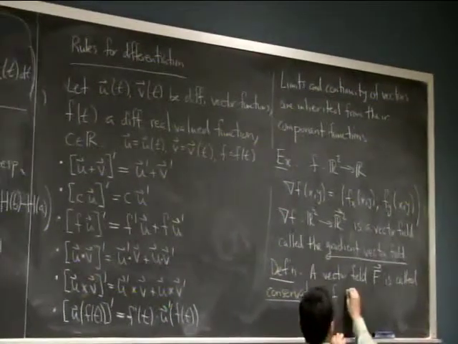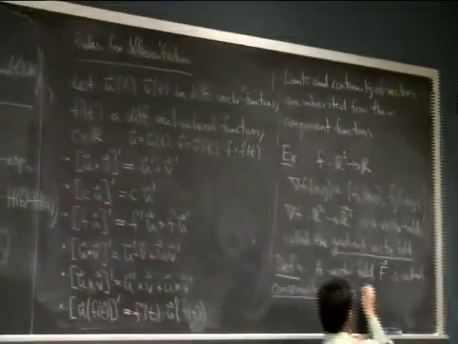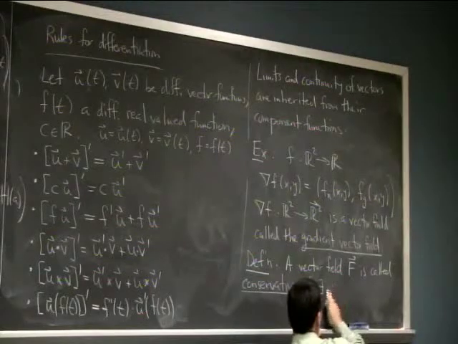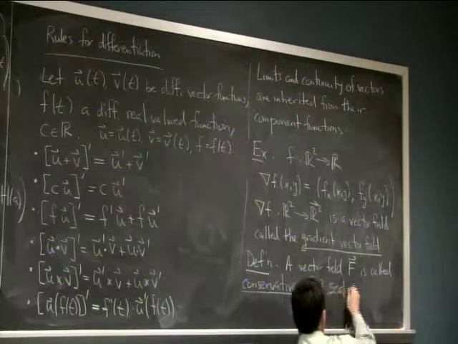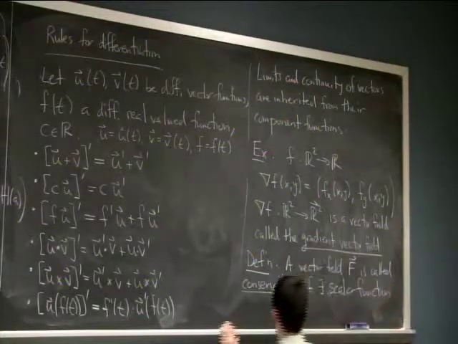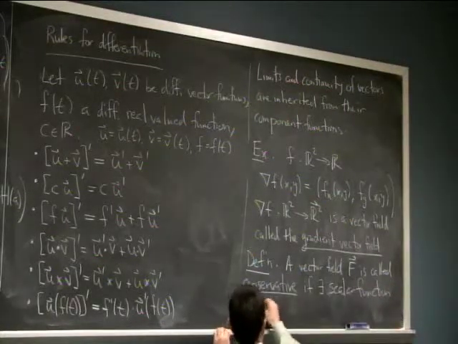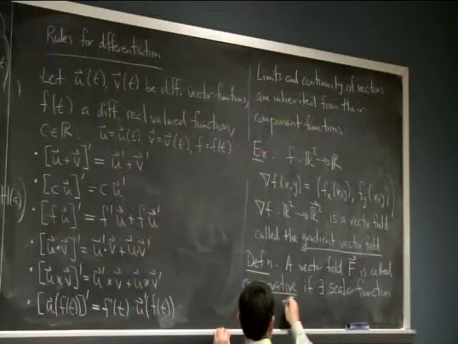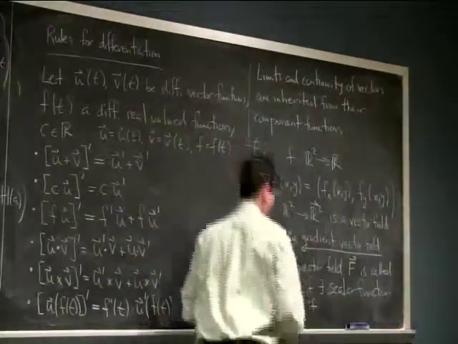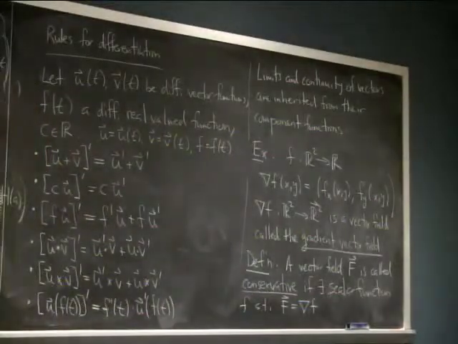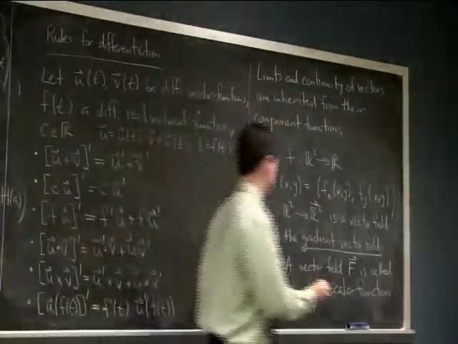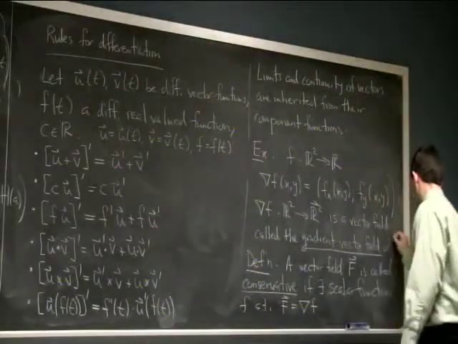Now, if there exists a scalar function f such that the vector field F equals the gradient vector field of f. When I wrote here called the gradient vector field, I can write of f.